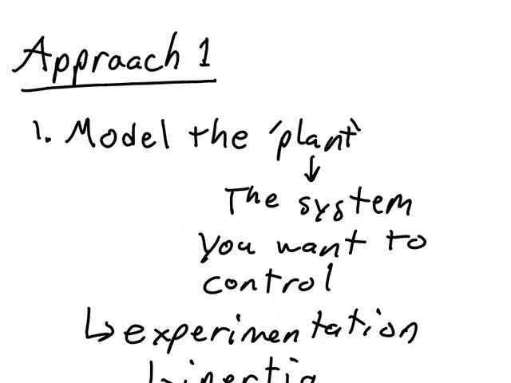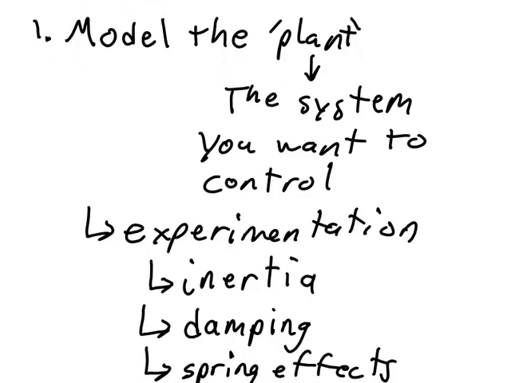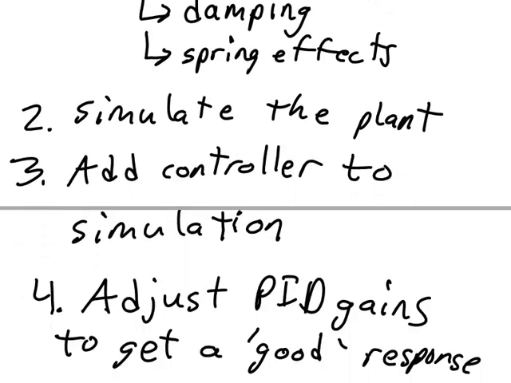This is a good approach in the case where you cannot use the actual system to find your gains. For example, if the system you're trying to control is a critical system and you can't afford to accidentally find some bad gains and cause some instability, this is the kind of approach that you would want to use.